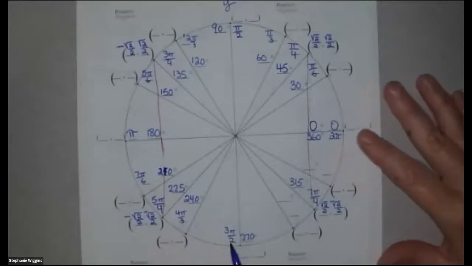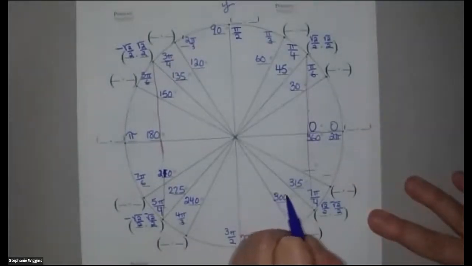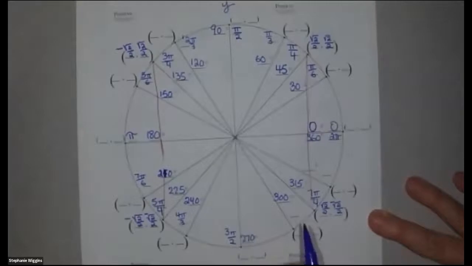Then, of course, we have the 3 pi over 2. And then this is the 300, which then is, let me think, 10 pi over 6, which is 5 pi over 3.